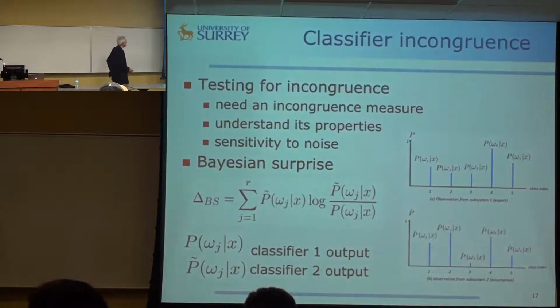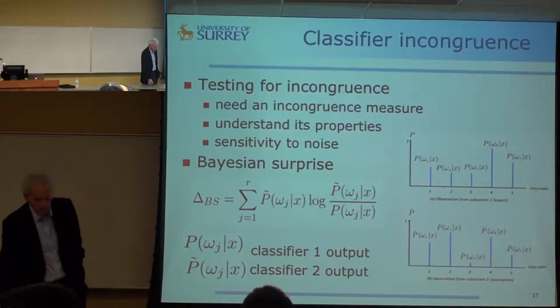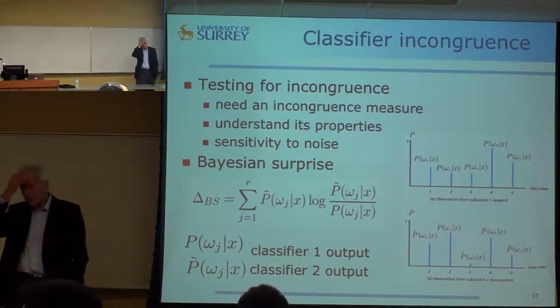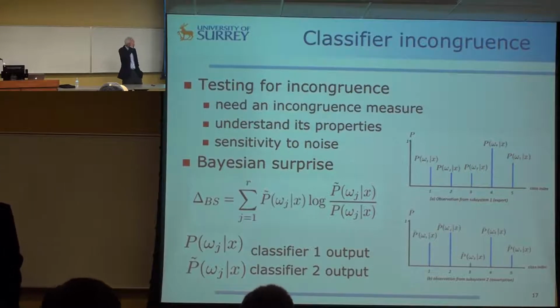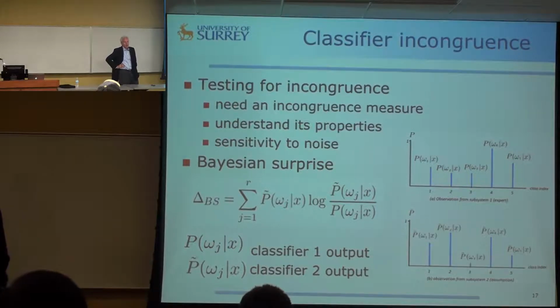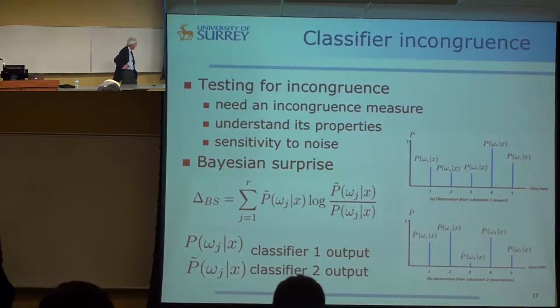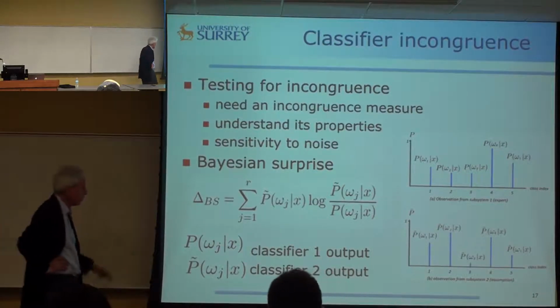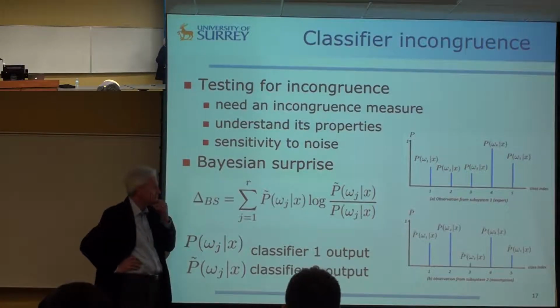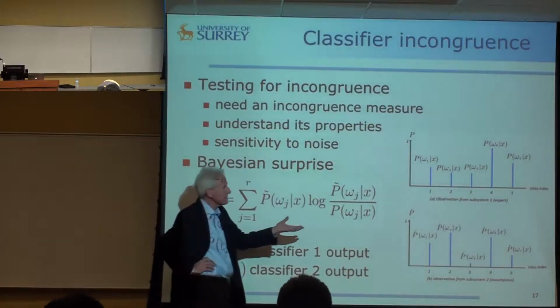So, for instance, we were interested in incongruence detection in the context of a computer vision project concerned with automatic annotation and storing of tennis videos. We originally worked with Bayesian surprise measures. So what is incongruence?